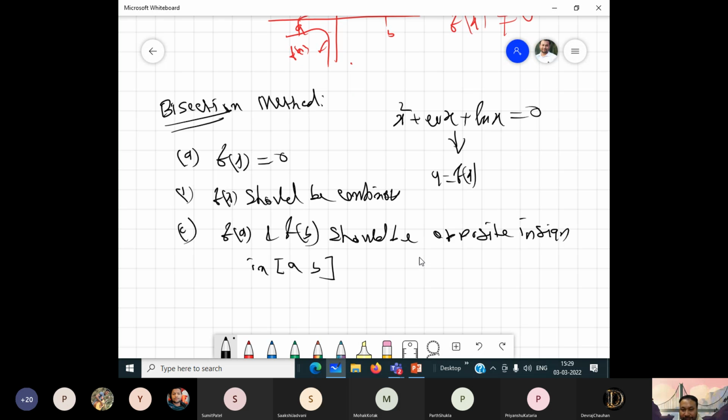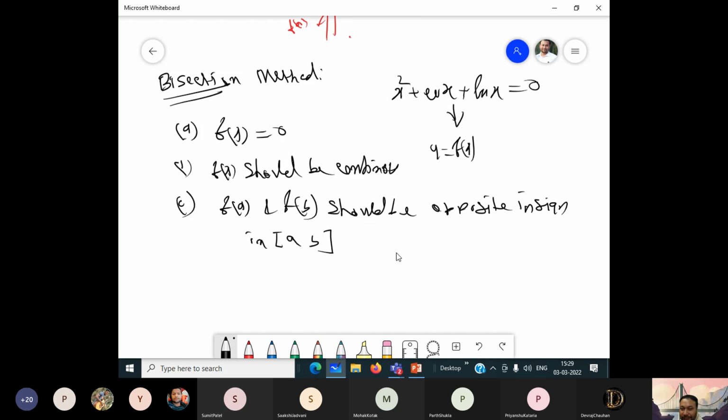Now, how can I represent the second condition in MATLAB language? MATLAB does not understand if I say f of a and f of b should be opposite. It doesn't understand. Very good.